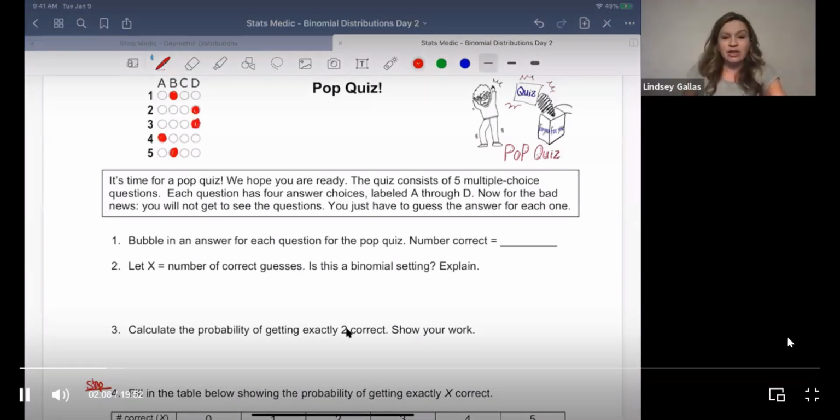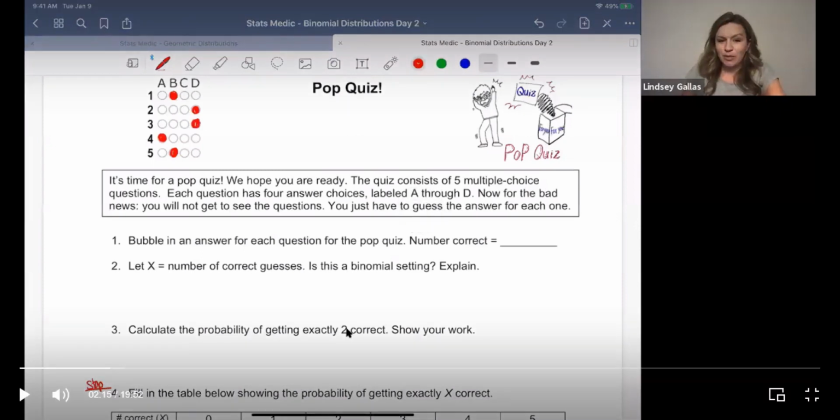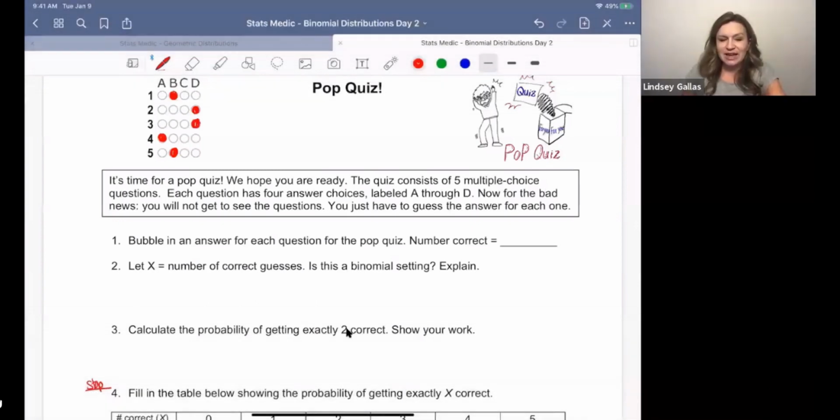And then the third one, calculating the probability of getting exactly 2 out of the 5 questions correct. So take a moment and work through that and then hit play.